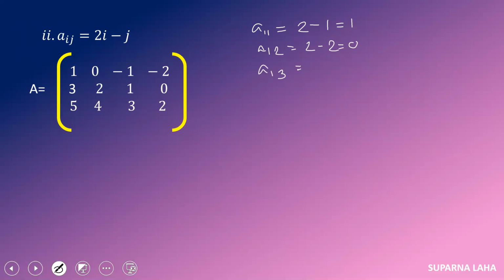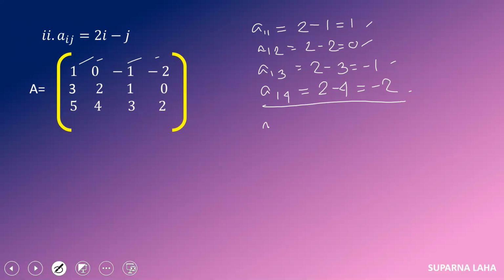A13: 2 minus 3, minus 1. A14: 2 minus 4, that means minus 2. So the first row is 1, 0, minus 1, minus 2. First row done. Moving to the second row. A21: 2 twos are 4 minus 1, 3.